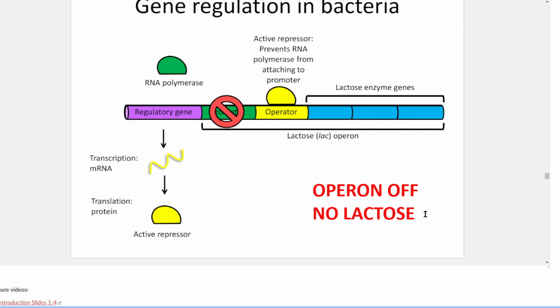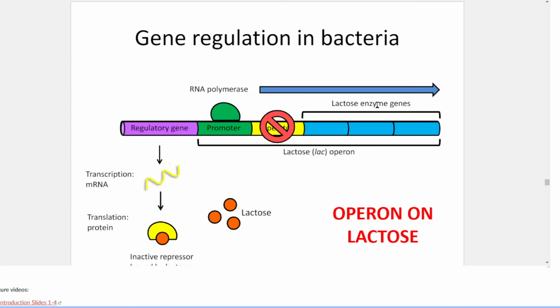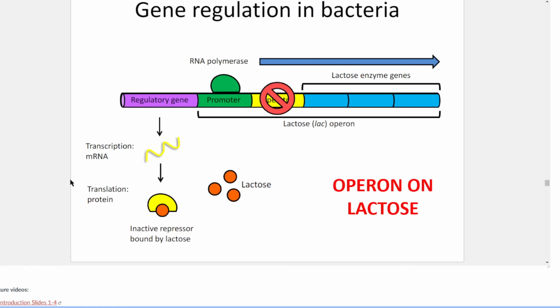So when there's no lactose, this doesn't react. This becomes a wall. When this becomes a wall, the RNA polymerase cannot reach the lactase enzyme genes. Let's see if it's on. If it's on, lactose will bind with it, and it'll allow the polymerase to reach the lactase enzyme genes.